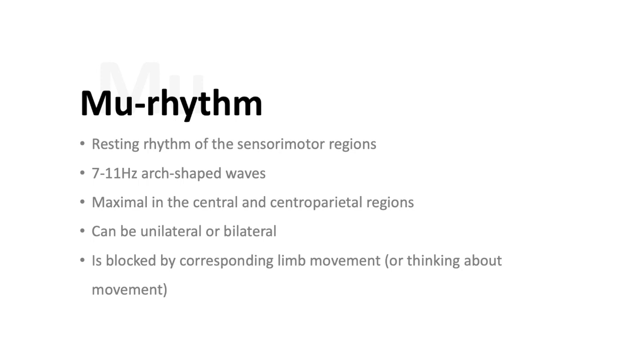It's maximal in the central and central parietal regions, and it can be bilateral or unilateral. This is the resting rhythm of the sensory motor regions, and so it's blocked actually by corresponding limb movement. So if you see the mu rhythm on the left and the patient moves their right arm, the rhythm will block. Curiously, you can also just think about the movement and the rhythm may block.